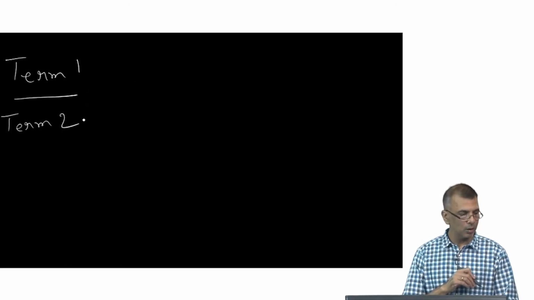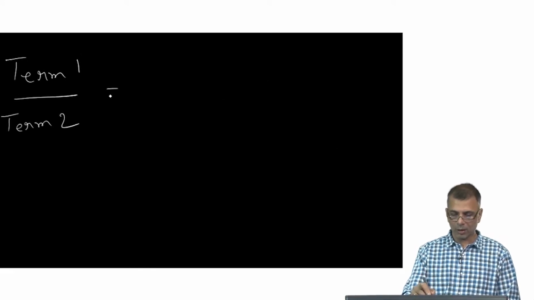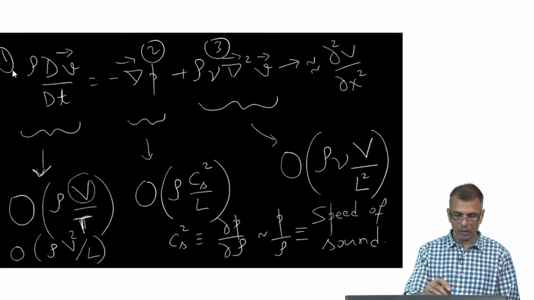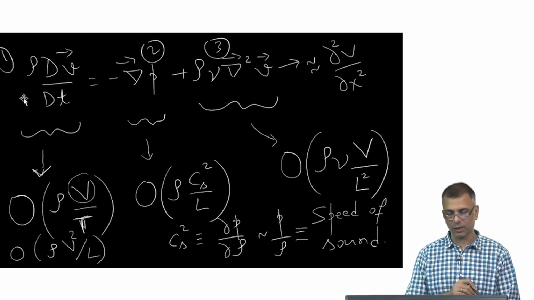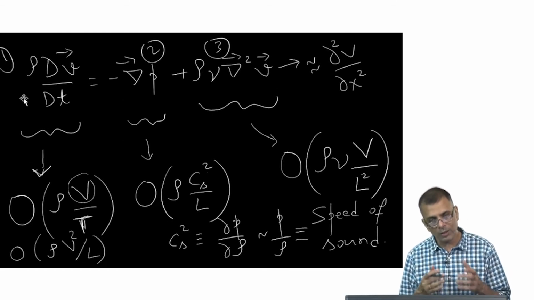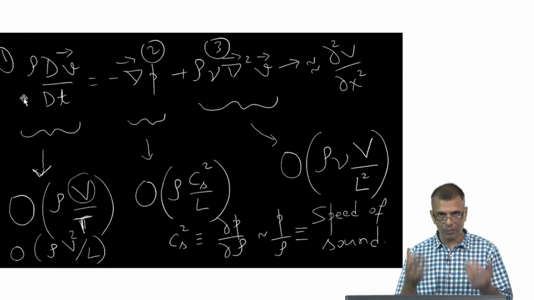The term 1 you see is what one would call the inertial term. This is what represents inertia, ma, by Newton's second law.